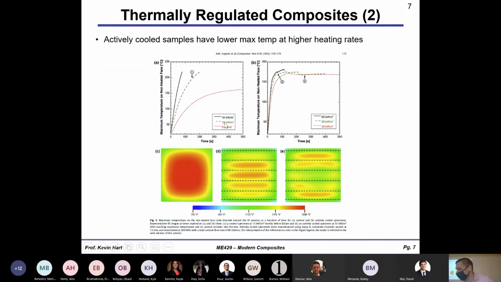So what he's trying to show is if I put 30 kilowatts per meter squared on a composite, after about 60 seconds it's about 200 C if I don't have any active cooling, all right? However, if I run a similar test where, in this graph, he's got 65 kilowatts per meter squared, so almost twice as much as this 30 kilowatts, he's reaching a plateau value here, which is like 175 C. There might be some matrix materials that could survive this, okay?